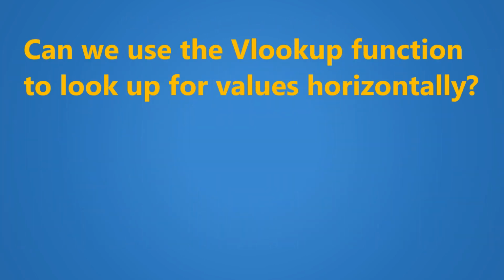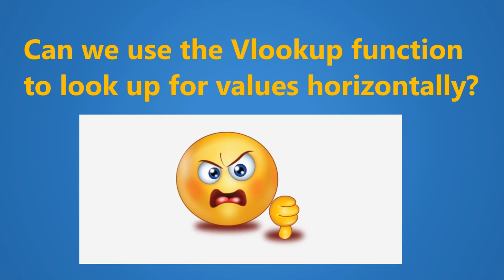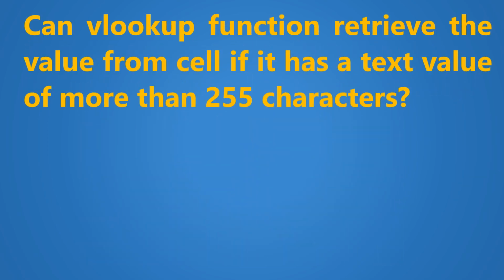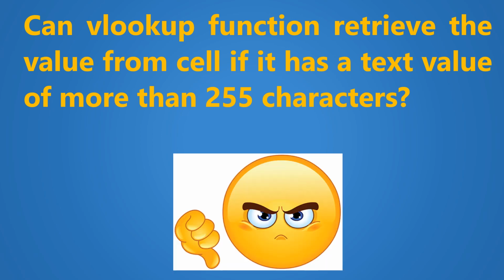But there are a few things to know. Can we use the VLOOKUP function to look up values horizontally? No. Did you know that the VLOOKUP function does not retrieve the value from the cell if it has a text value of more than 255 characters? Yes, it does not retrieve the value.